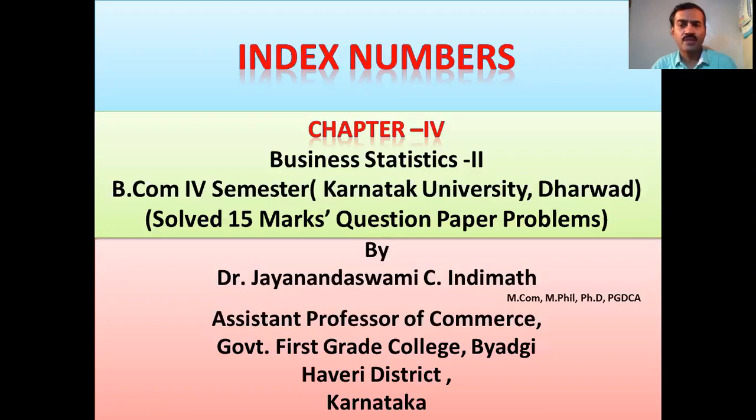You are going to face 24 marks questions in every question paper. So in this particular video, I have given importance to how the 15 marks question on index numbers is to be solved.